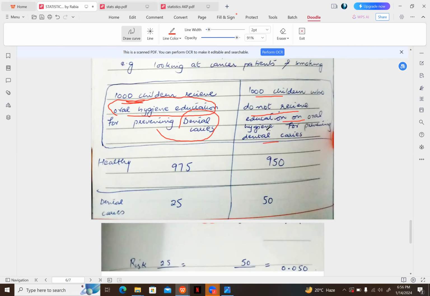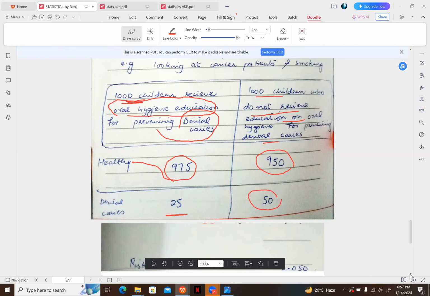Among those who are educated, there are 975 healthy kids and 25 got dental caries. Among those who are not educated, 950 are healthy and 50 got dental caries.